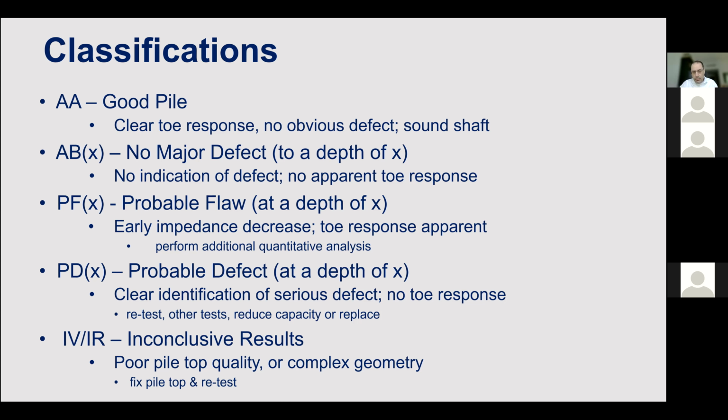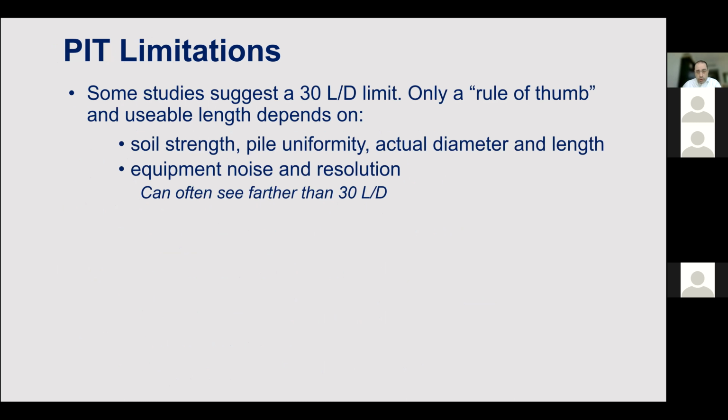If there is an early impedance decrease and the toe response is lost at a depth of x, you can say there's a probable flaw at depth x. If there's a clear indication of a serious defect, then there's a probable defect at the depth x. And if there's a record that shows poor quality or complex geometry, and you cannot see a toe signal, then sometimes the record can be inconclusive and it's not going to be suitable to use for the interpretation.